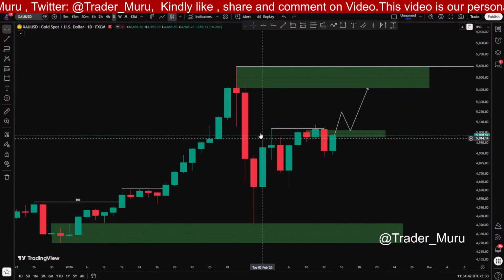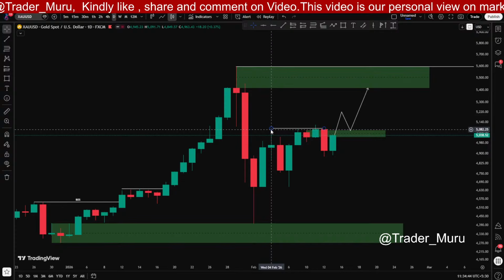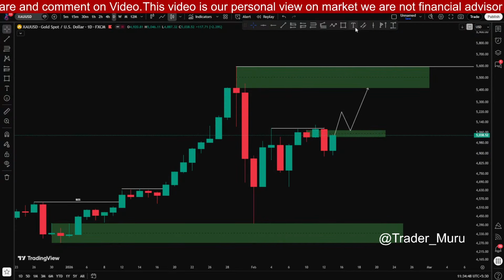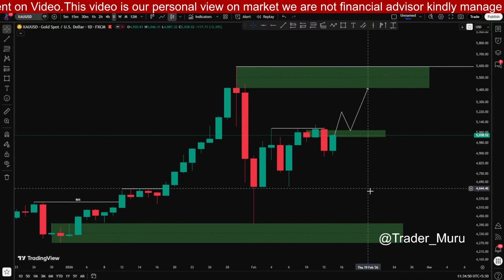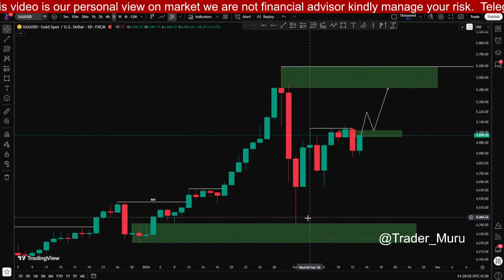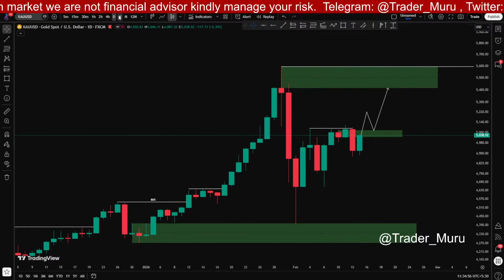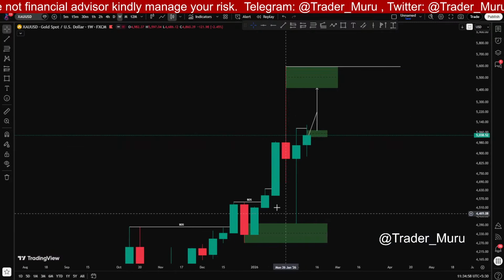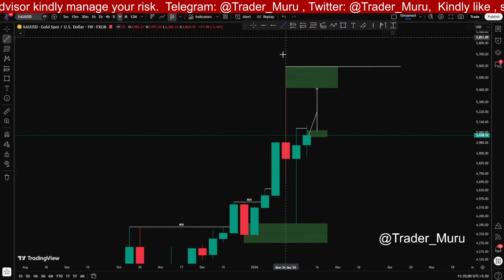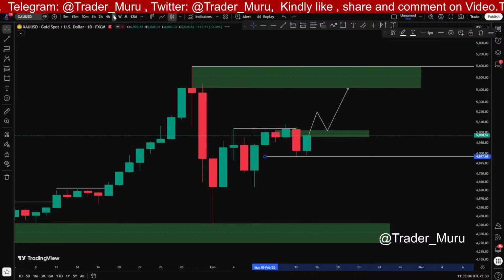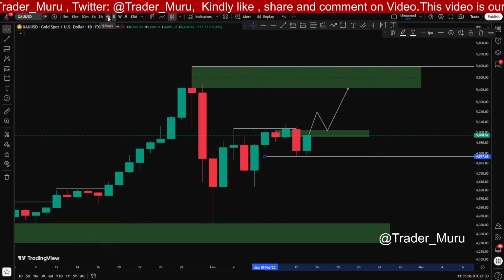So according to the daily time frame, price is still at resistance, and it can drop a little bit lower here. In the daily time frame, it is bullish from this zone, and in the weekly time frame we are still bullish above 4877. So daily and weekly both are still bullish.